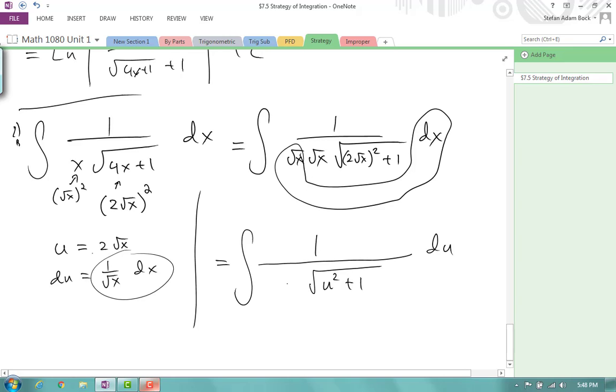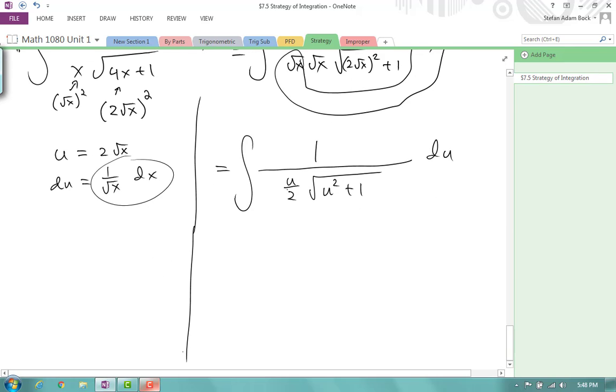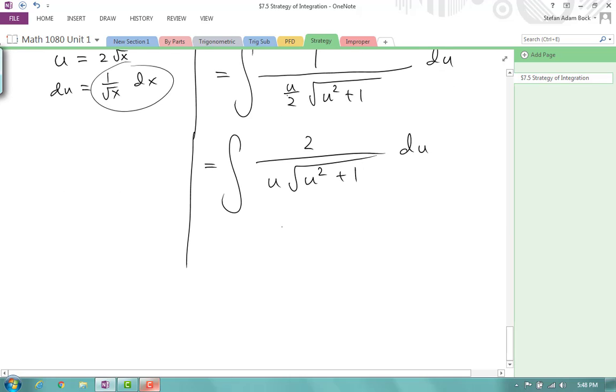But the square root of x would be equal to u divided by 2. So this is equal to 2 over u times the square root of u squared plus 1. Now I definitely have a sum or difference of squares, so I'm going to set up a trig substitution. Let's see, the u squared, this is a sum, so I need a u, a 1, and a square root of u squared plus 1.